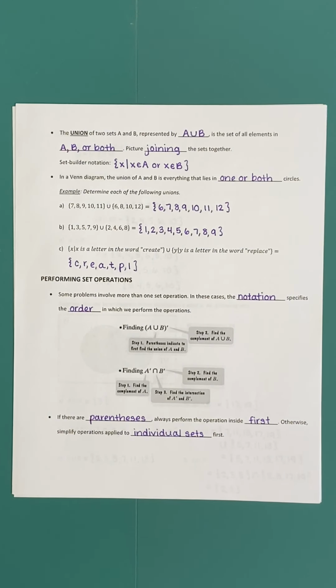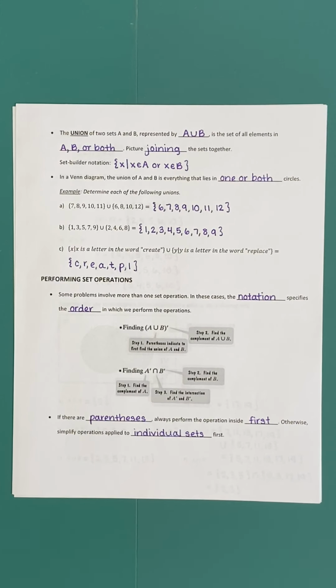So what we're going to look for more than anything is going to be parentheses. Are they there? Are they not? If they're there, we always start with whatever operation or operations are inside of parentheses. So anything inside of parentheses, we always do first, and then we work our way outward. Otherwise, if we don't have any parentheses, we're always going to start with whatever can be done to an individual set one at a time, and that's going to be the complement.